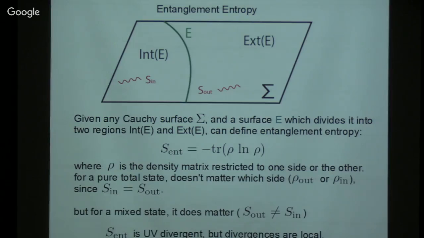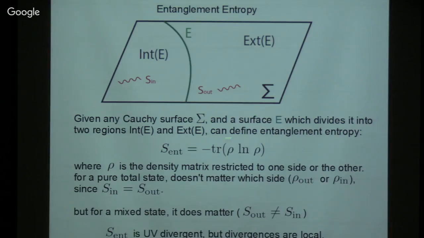Then you can define a quantity that's called the entanglement entropy. So the way this works is you take your quantum state, you restrict it to one side, say the exterior, and you now write a density matrix like you do when you have a partial system in quantum mechanics of the quantum fields on the side.